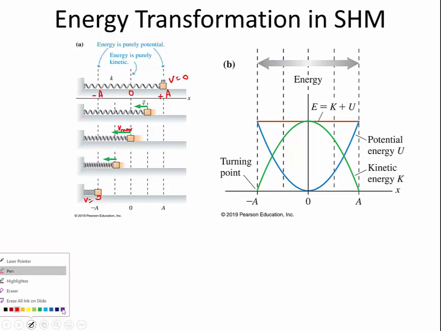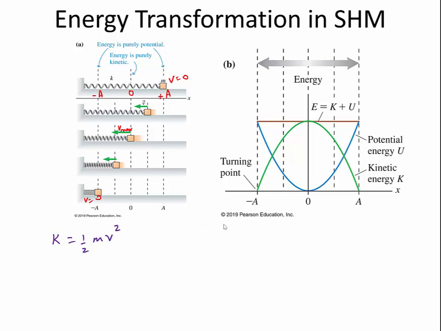So let's talk about the energies that are involved here. I've got two kinds of energies. I've got kinetic energy, which is the energy of motion, which is 1/2 mv squared. And then I've got potential energy, which in this case will be the potential energy of the spring, which will be 1/2 kx squared, where x is the displacement from the equilibrium position.